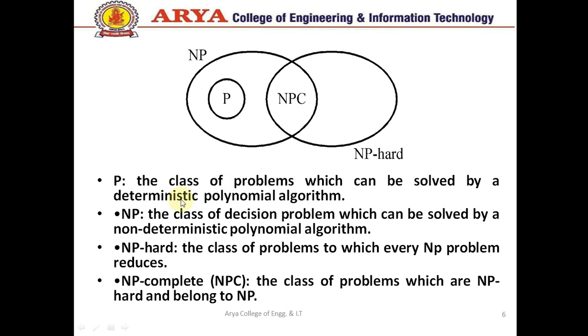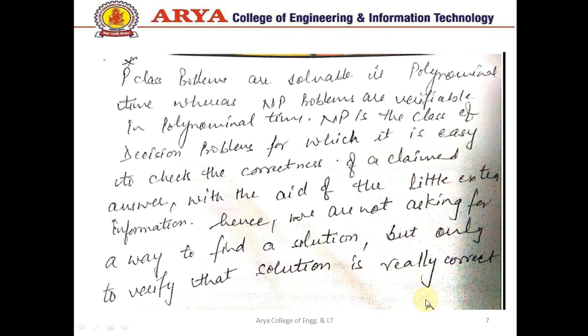So we divided into 4 categories: in polynomial time, in non-polynomial time. In this we have only the reduction of the process possible, whereas for the NP complete problem we have 2 conditions. One is NP, second one is NP hard.